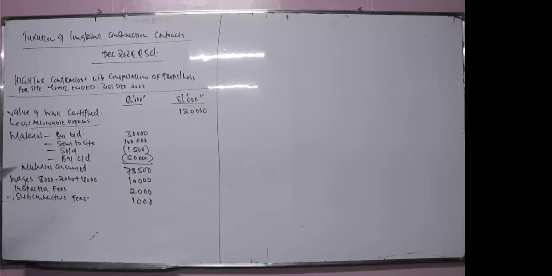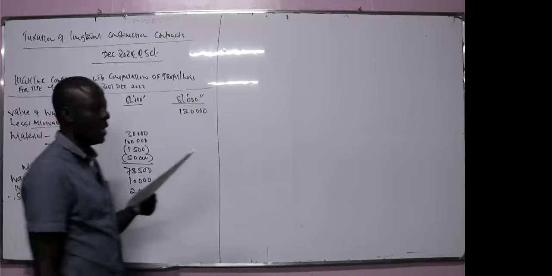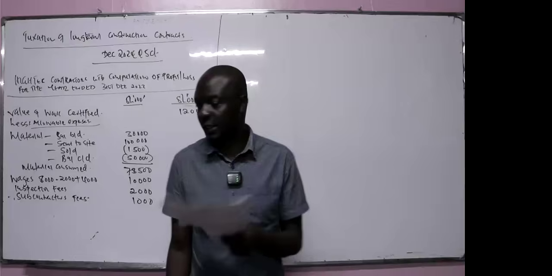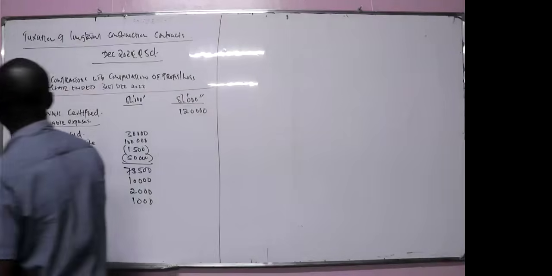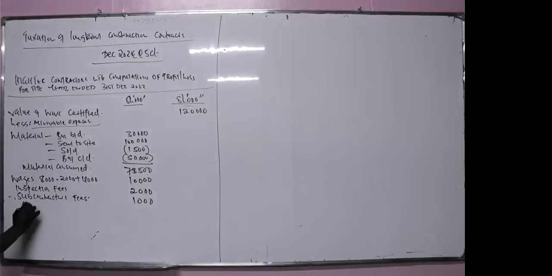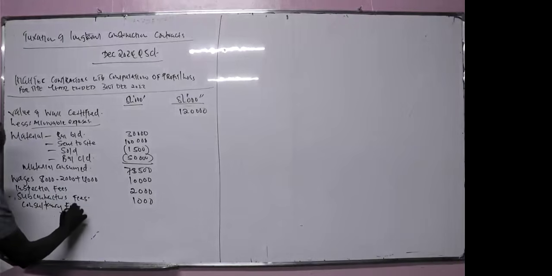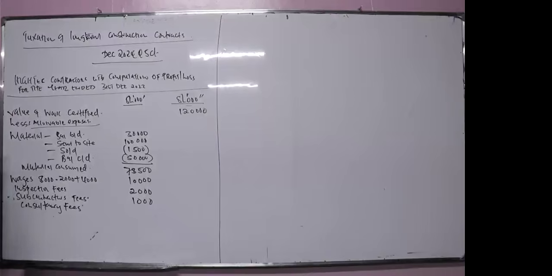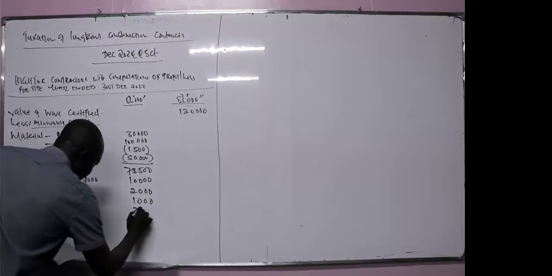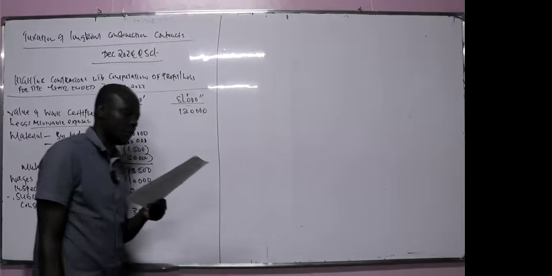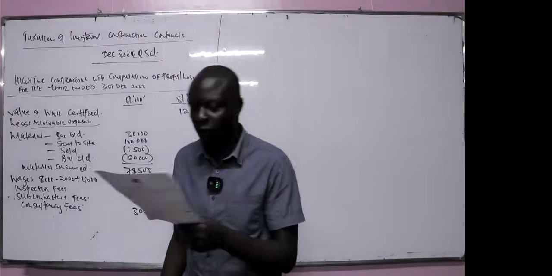No adjustments. So we write it the way it was. Then consultants, that one is also allowable. Consultancy fees, 3,000. Material sold, I've already dealt with it.